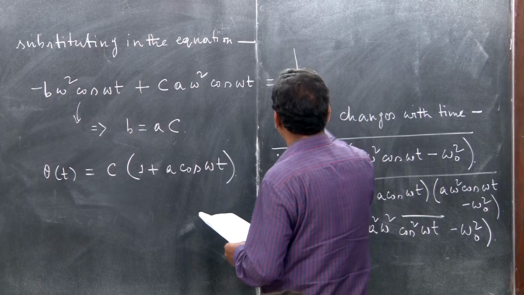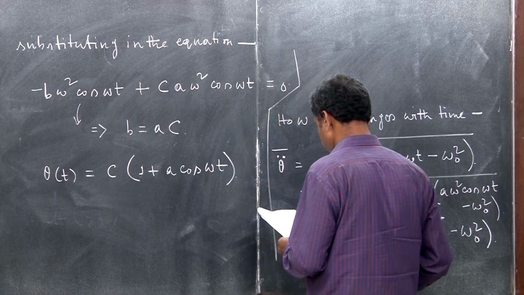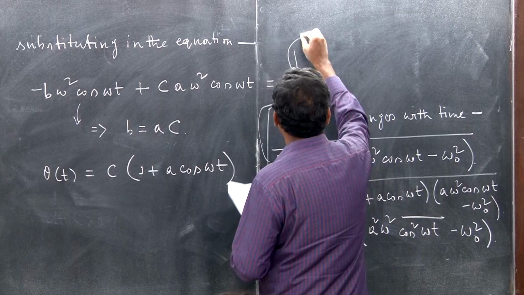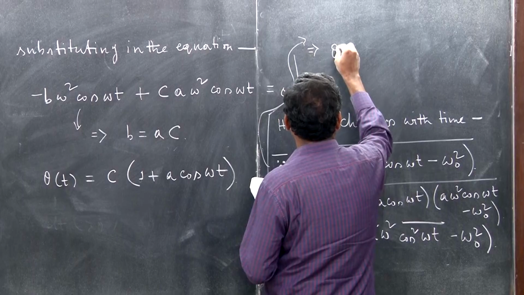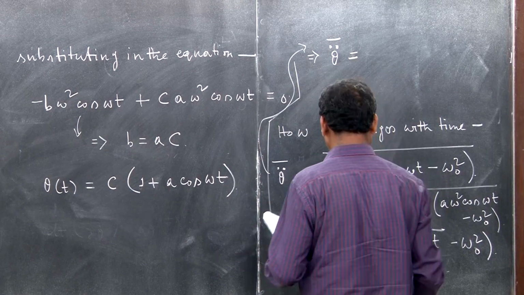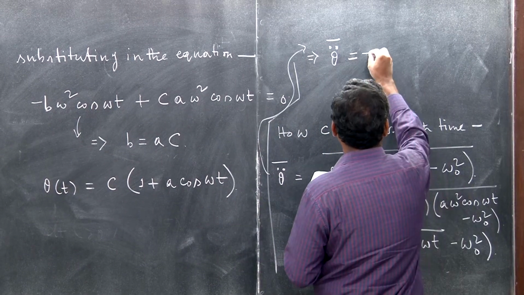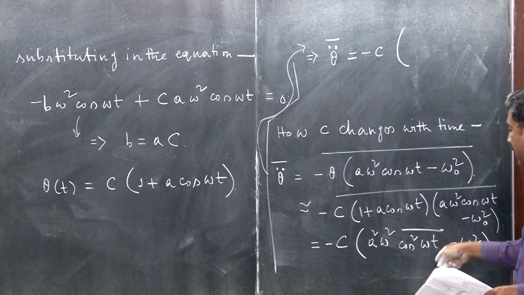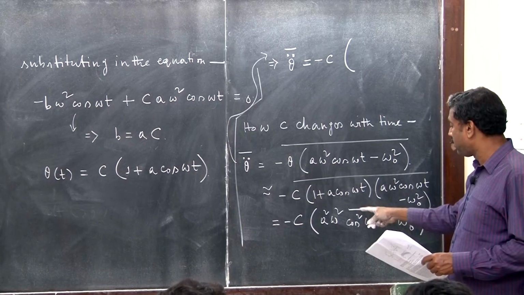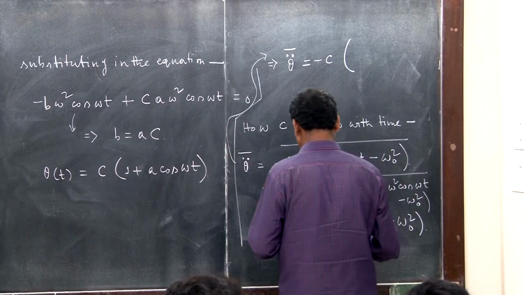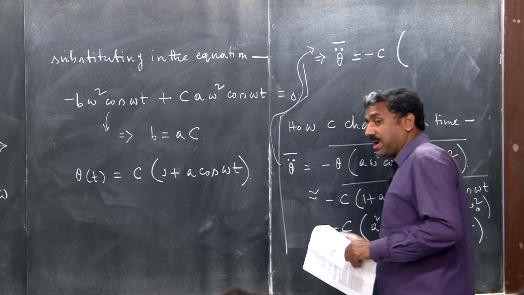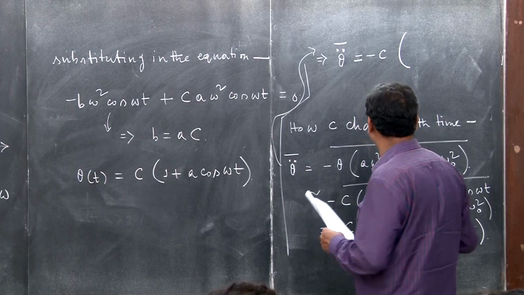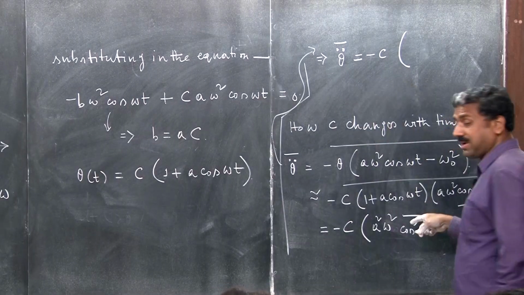Now the average of cos square omega t: if you integrate it over a complete cycle, you understand what I am trying to do.